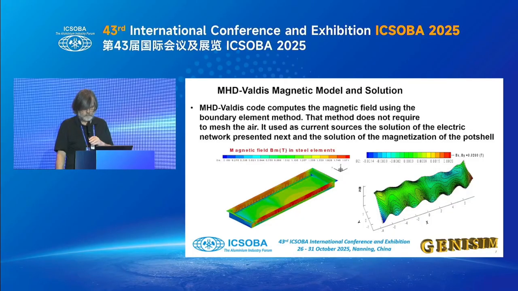That is a boundary element formulation, and you get the magnetic field quicker than with ANSYS. As I'm presenting here the result for the same problem, I'm getting using MHD-Valdis a very, very similar magnetic field to what they presented in their paper. So this is the first confirmation that the two models are solving essentially the same problem and computing the same magnetic field.